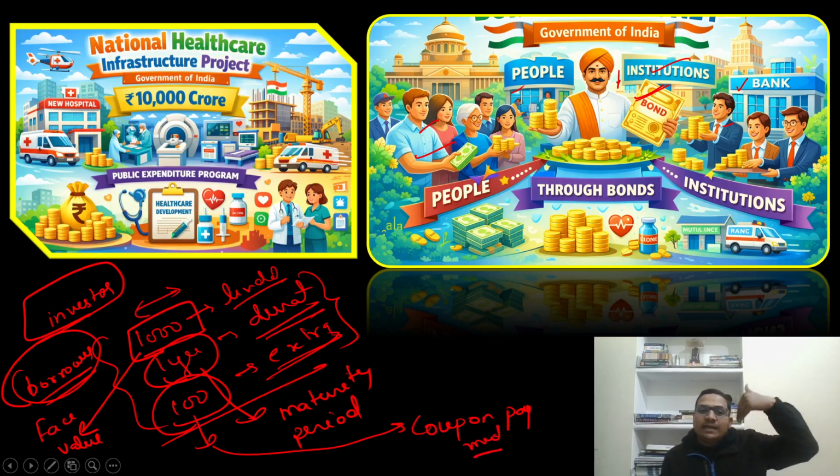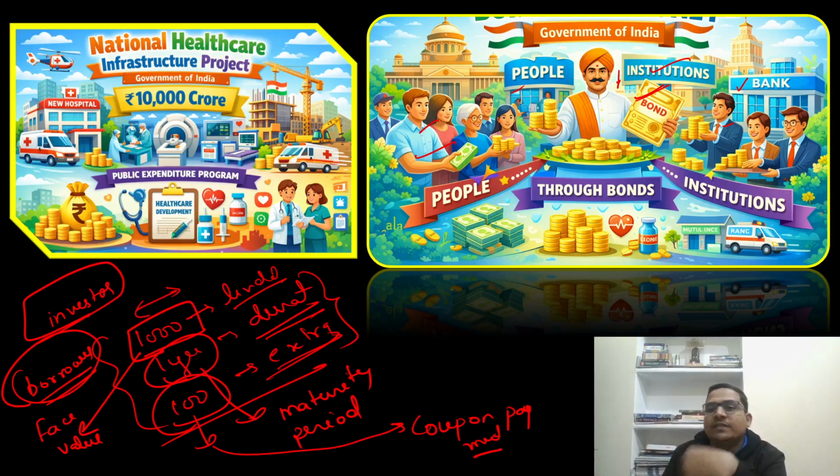Okay, so you can see that you have already done this type of thing in your life. But since there is no written promise note given to you, that cannot be considered a bond. I hope from this point the basic overview of the bond is clear.